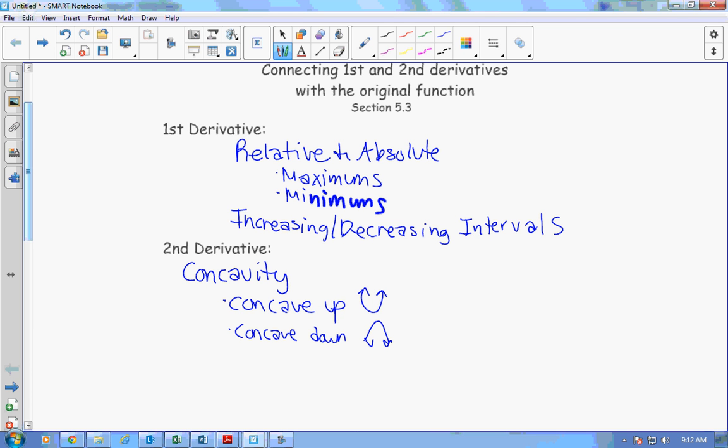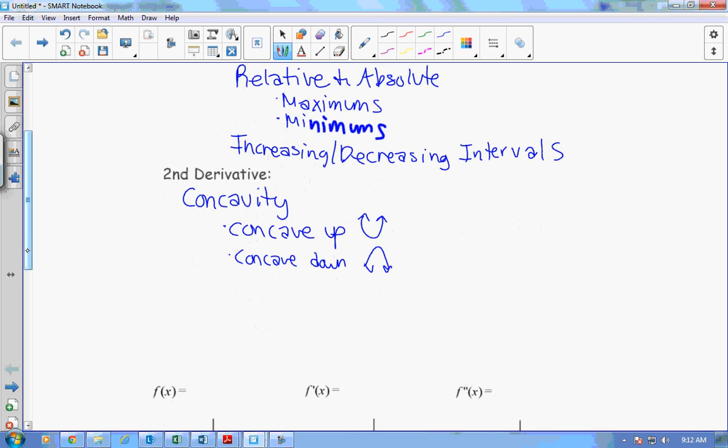Second derivative can also find what's called the point of inflection. The point of inflection is where we change from being concave up to concave down, the point where it changes concavity.